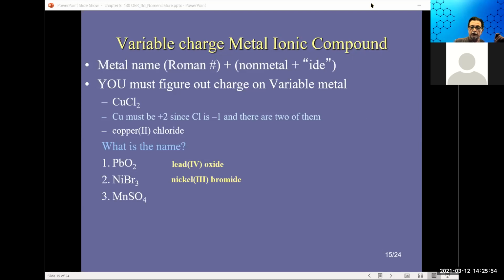Then we run through that. So we have Mn plus the -2 charge for the sulfate equals 0. So Mn is equal to a +2 oxidation state. Hence, we use Roman numeral 2 in its name.